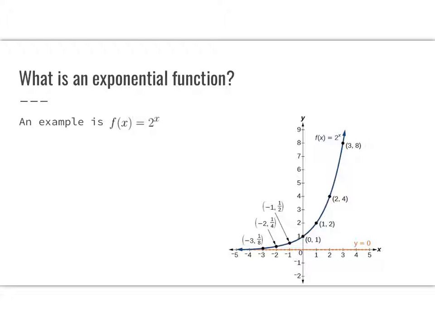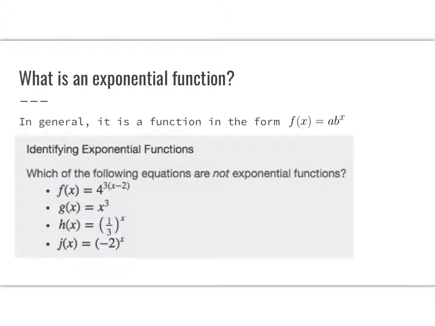But that's all an exponential function is. More specifically, it can be in the form a times b to the x. So that last example was just 1 times 2 to the x, right? So a was 1, b was 2, just raised to the x power.